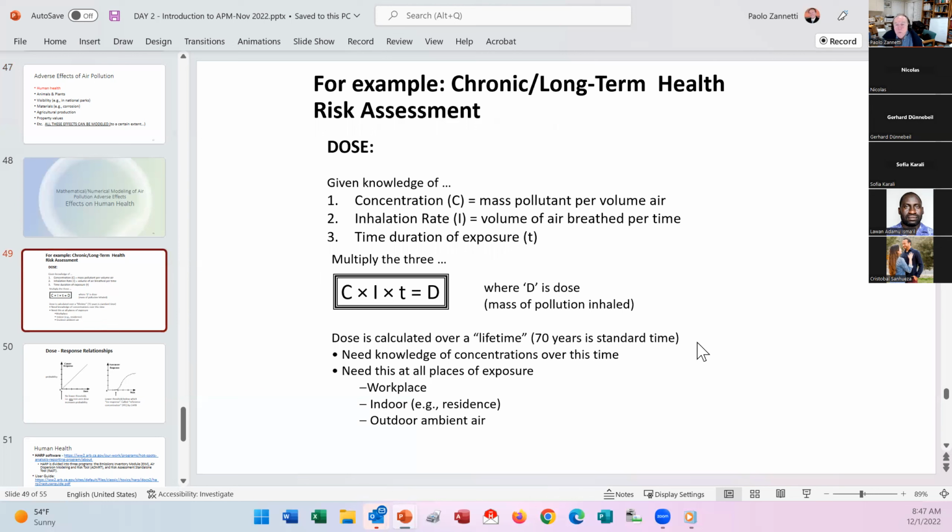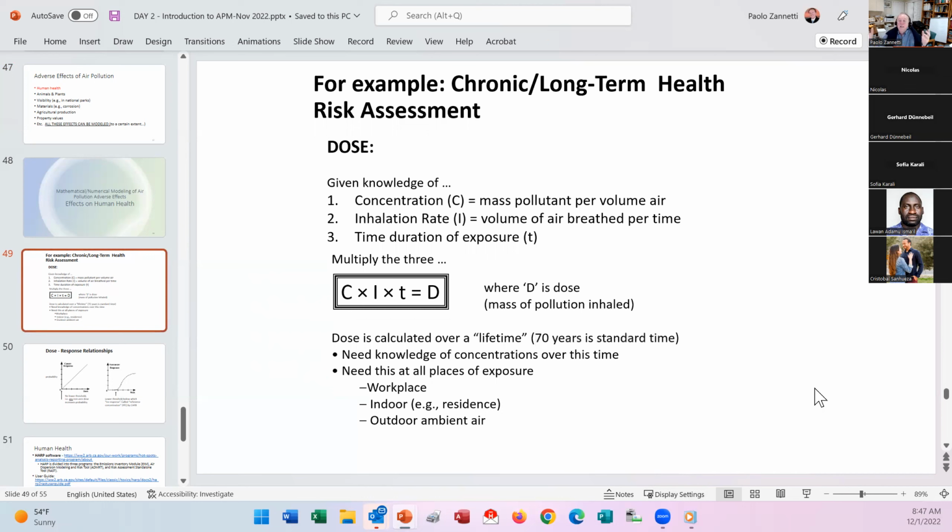One important formula used all the time for chronic long-term health risk assessment is the calculation of the dose. What is the dose of chemical that was inhaled by a person during a lifetime? Typically, a lifetime is 70 years.